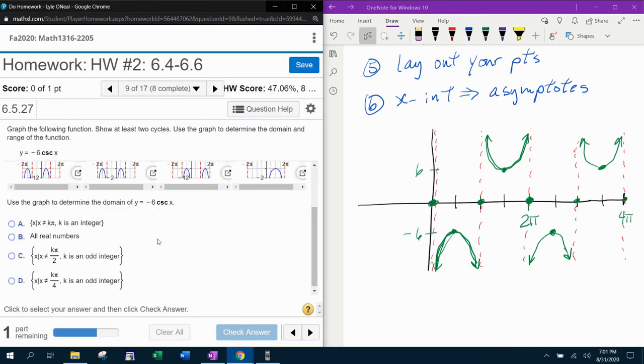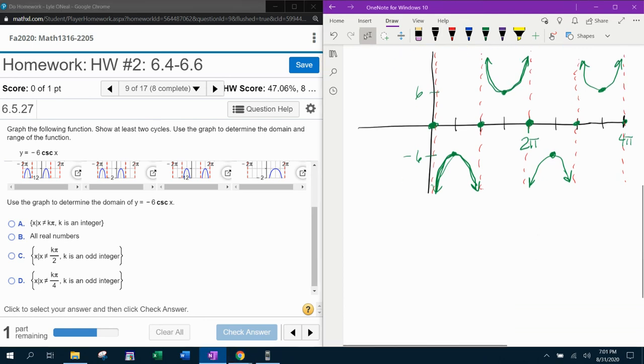Bam. All right, so now let's get the domain. And if we scroll up a little bit, the domain are the values that x can be. But notice, since we have vertical asymptotes, we're going to have some values that x can't be. Starting at 0, x can't be 0 because there's an asymptote at 0.